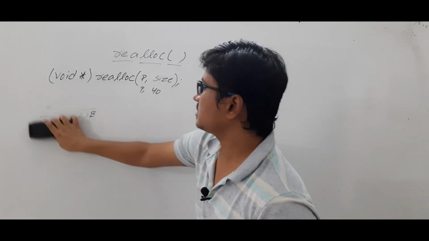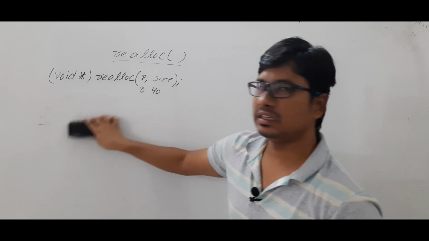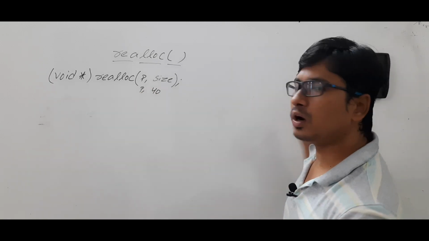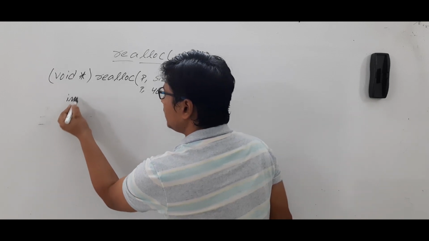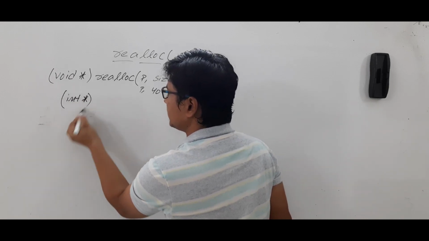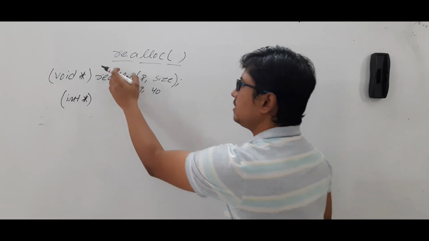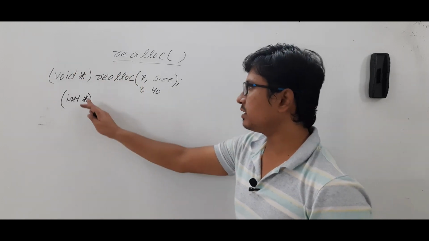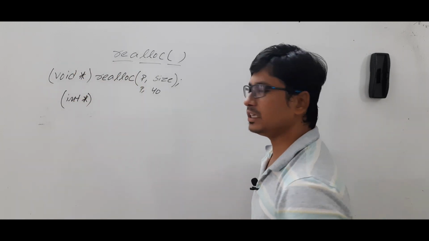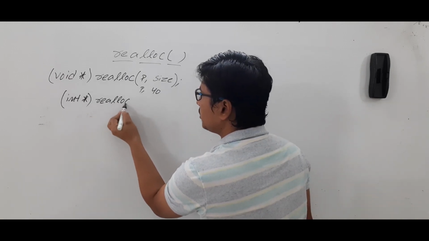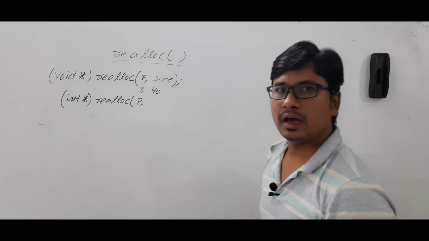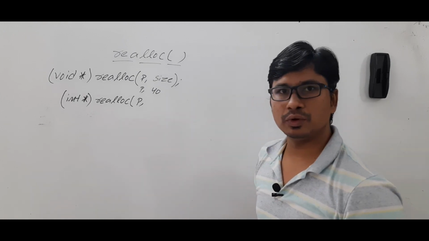Now let me discuss the syntax of Realloc. This is the generalized syntax. Now I want to store some integers. Then I need to specify the return type as int, because it will return the void pointer. I want to typecast it to an integer pointer, and I am writing Realloc and the pointer p.